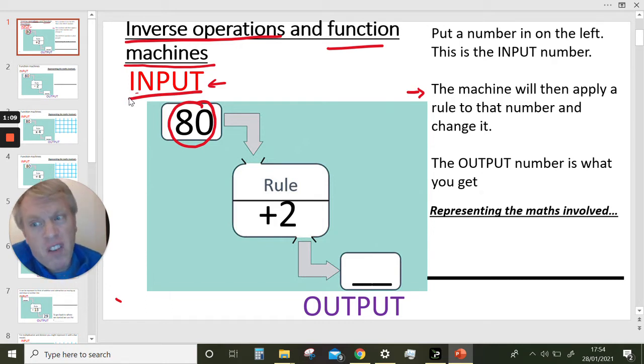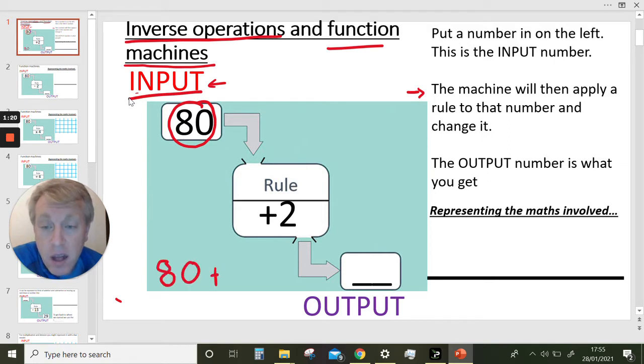Here, we've got a very simple rule. So it's the input number, add 2 makes the output number. So we're doing 80 plus 2, which is 82.